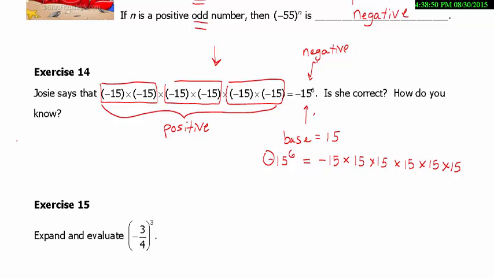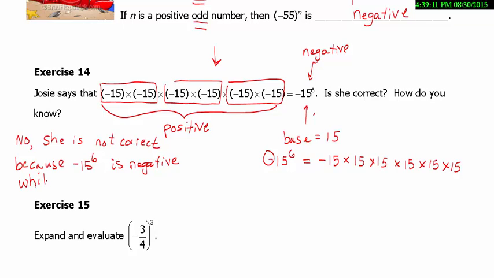So the answer to this question is no, she is not correct because negative 15 to the 6th power is negative, while her product should be positive.